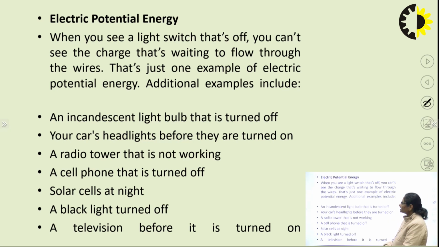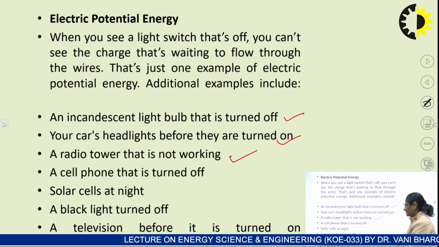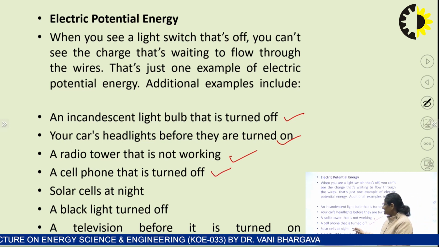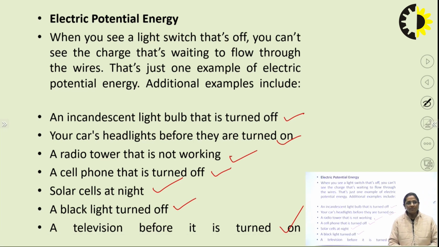The other examples are an incandescent light bulb that is turned off, a car's headlights before they are turned on, a radio tower that is not working, a cell phone that is turned off, solar cells at night, a black light which is turned off, a television before it is turned on. They all are examples of electric potential energy.